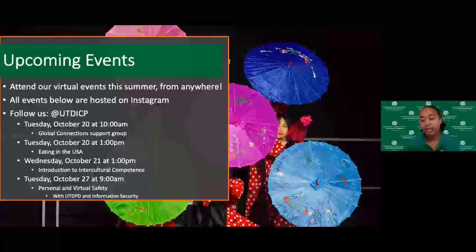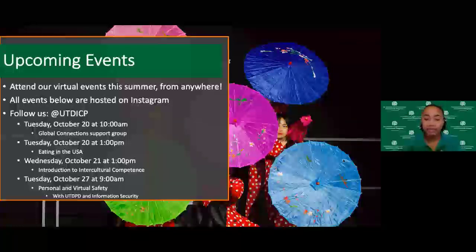And then also on the 27th, we'll be talking about personal and virtual safety. We'll be meeting with the UT Dallas Police Department and also information security, because in general, of course, we all want to be safe, whether we are physically walking around in a space or whether we are online.